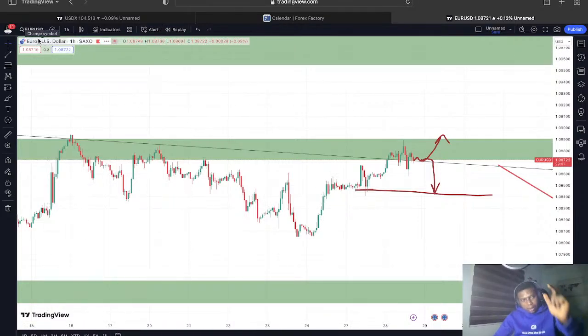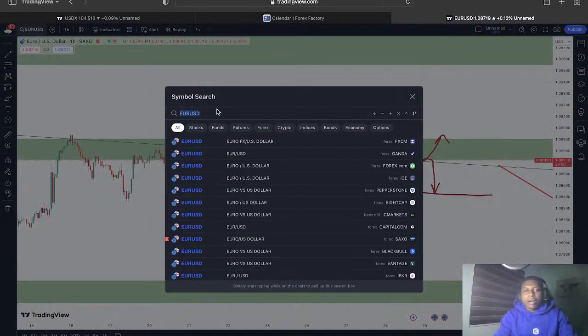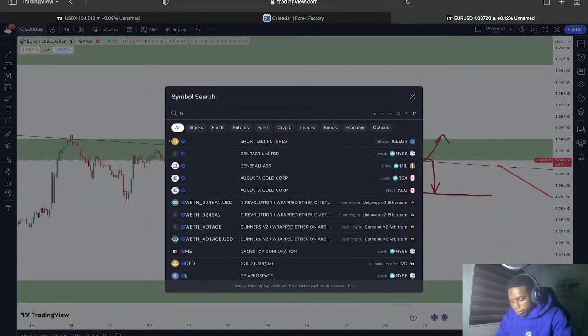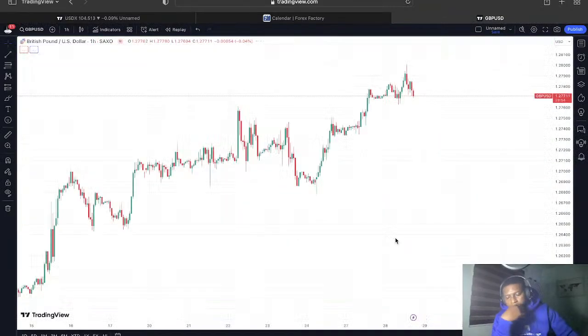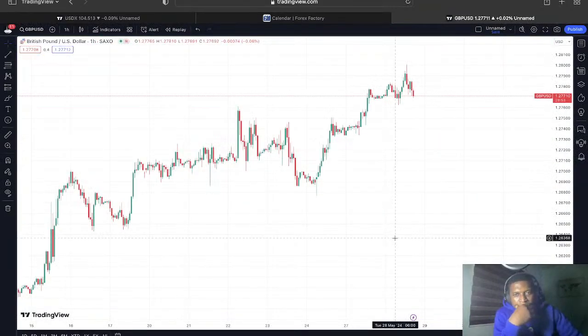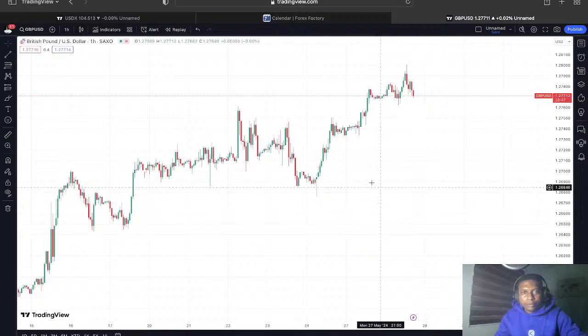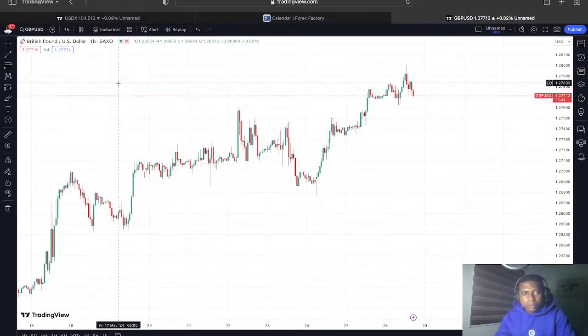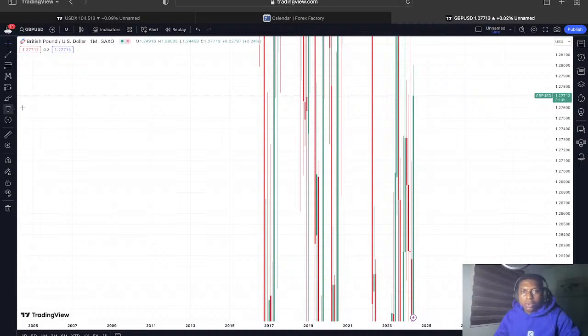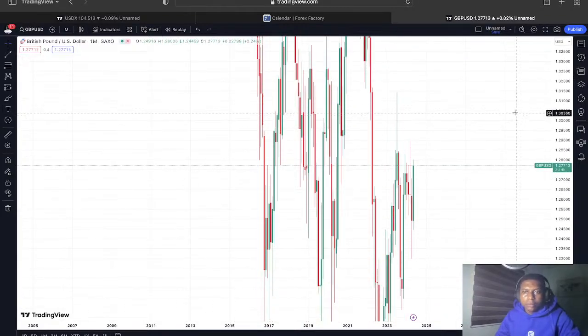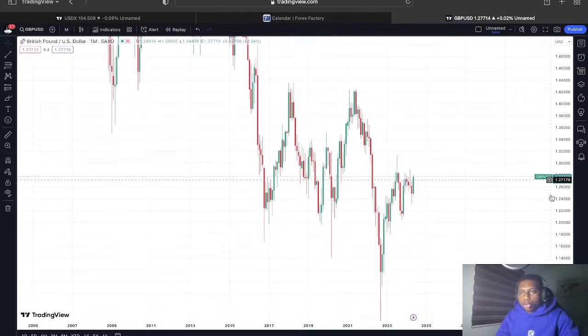Now let's look at the pounds USD. Now we apply a similar approach, which is what I call, who can remember that approach?